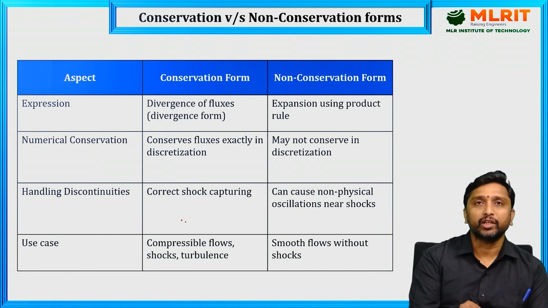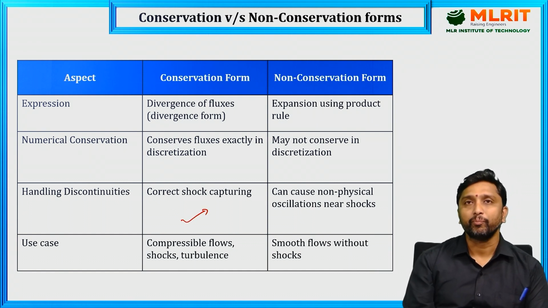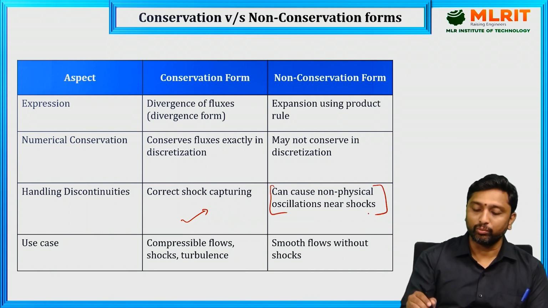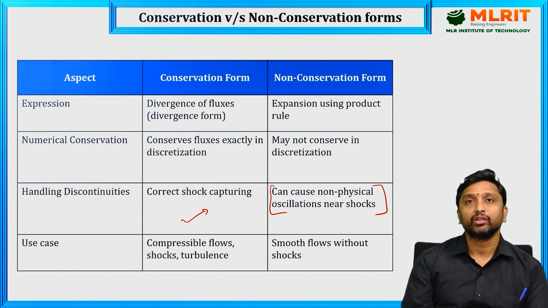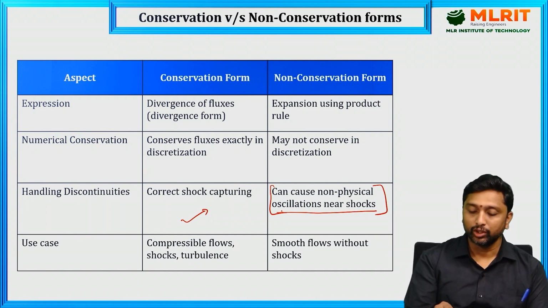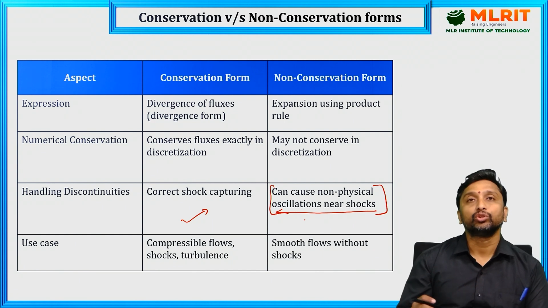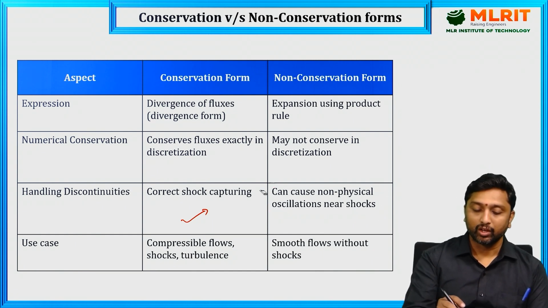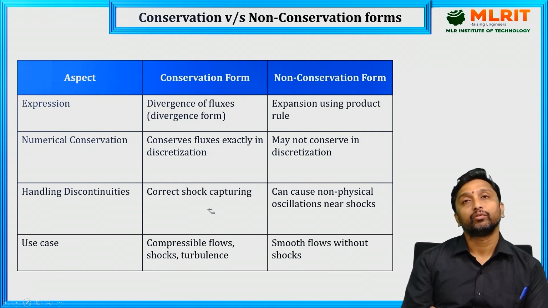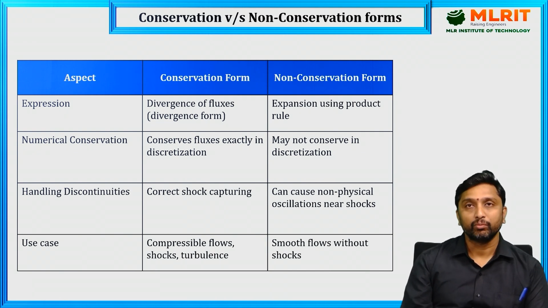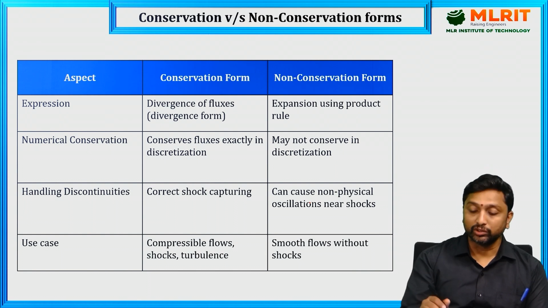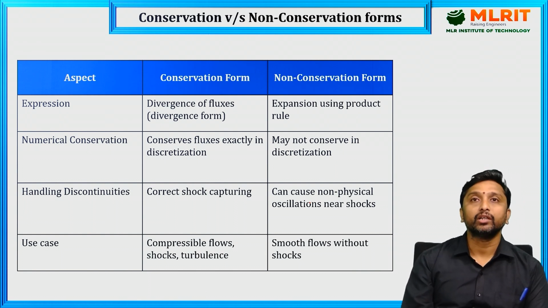Shocks especially can be captured using the conservation form of equation, but using the non-conservation form, there can be a smearing effect which always leads to oscillation near the shocks. So we cannot capture the shock that easily when we are going for calculation of supersonic flows, especially involving shock waves, because a shock acts as a discontinuity. So non-conservation forms have difficulty in solving flows where we have discontinuities.